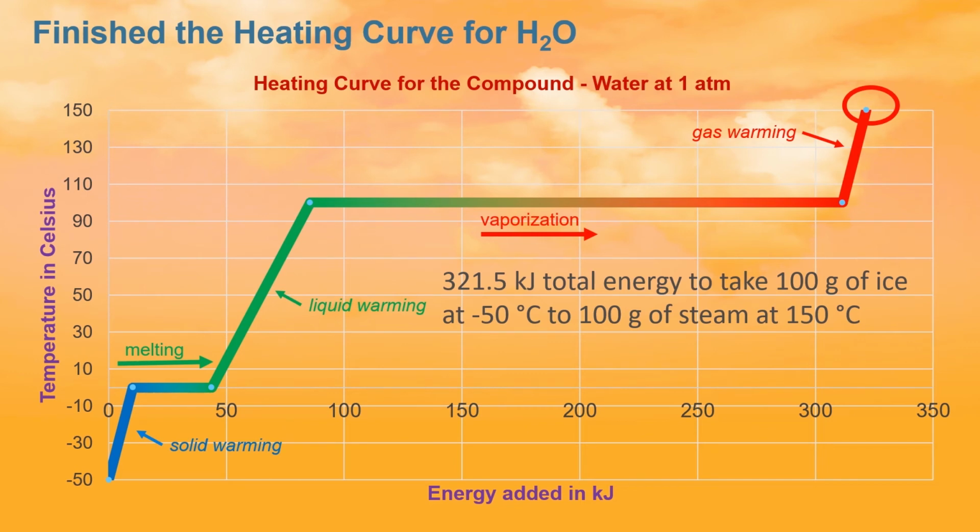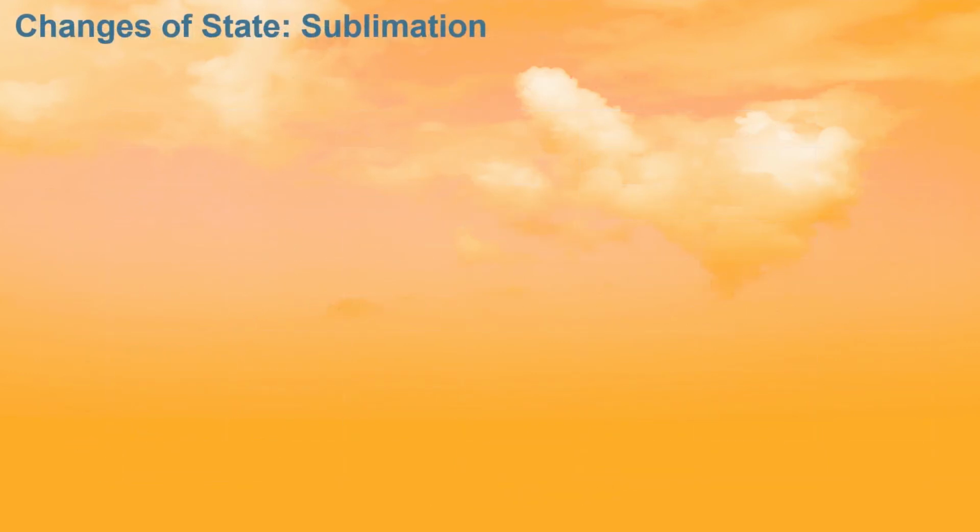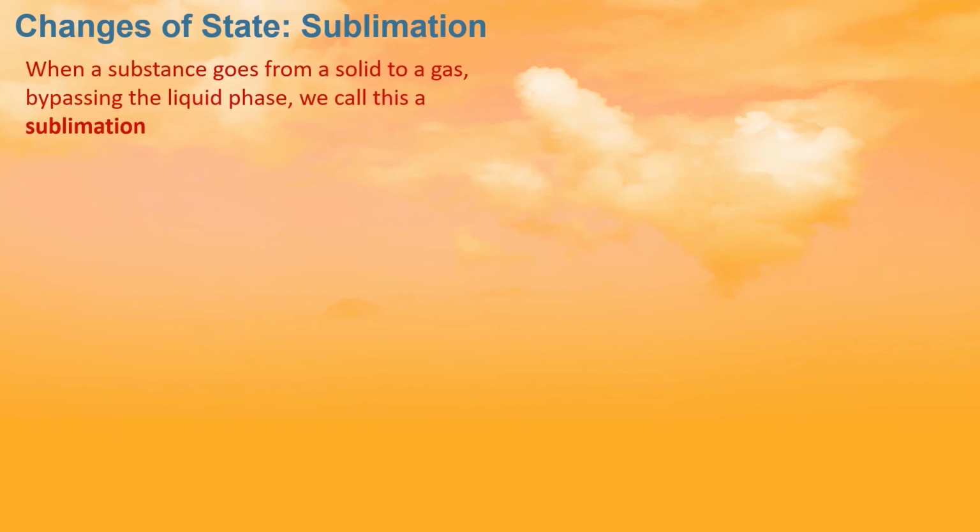There are some instances where a compound may forego a liquid to gas vaporization and go from a solid directly to a gas. When a substance goes from a solid to gas, bypassing the liquid phase, we call the process sublimation. The classic example of this behavior is CO2 or dry ice.